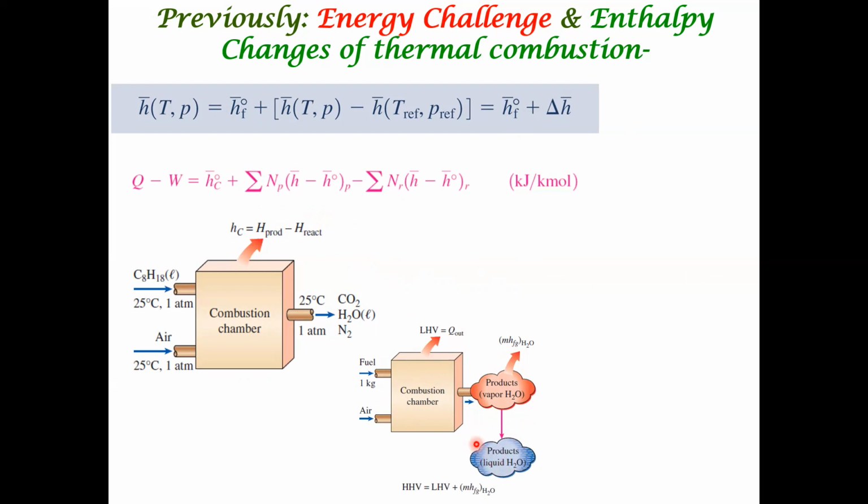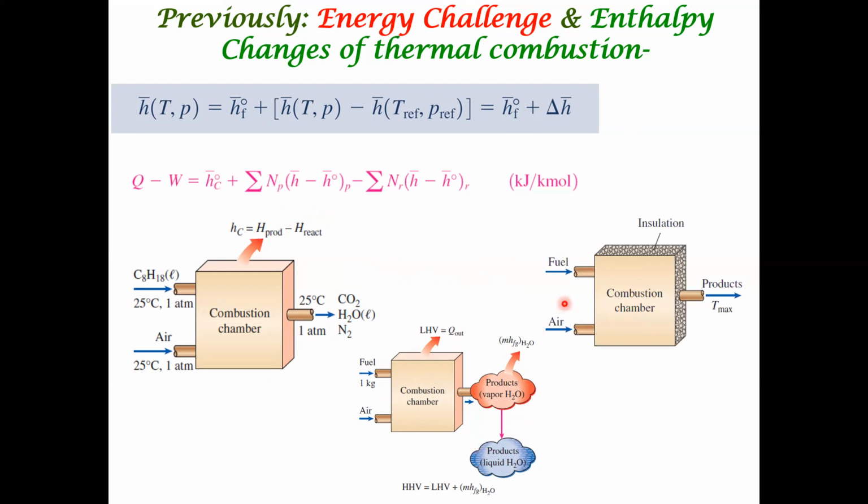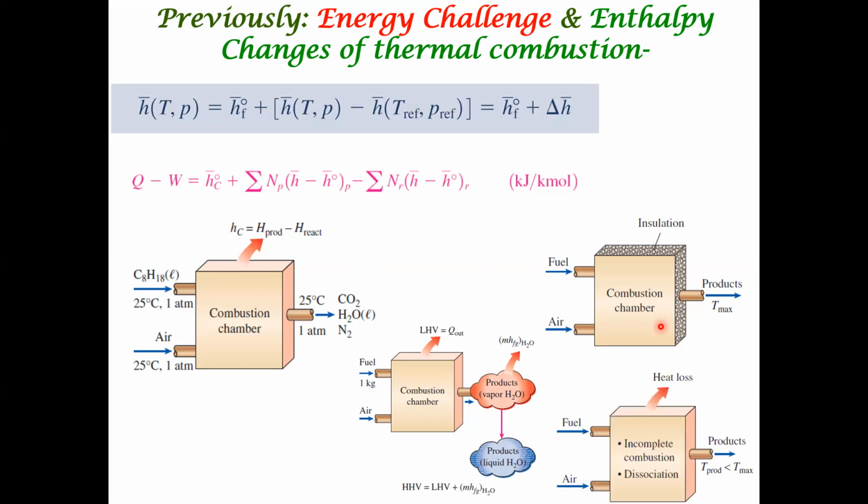And then you also define something called adiabatic temperature. That is, if there is no work and heat interaction, all the heat that is being generated goes towards heating the products of combustion. Okay, so there is a maximum temperature that the products of combustion can reach. Most of the time, the combustion is incomplete because the amount of oxidant that is provided is not sufficient to completely convert the fuel.